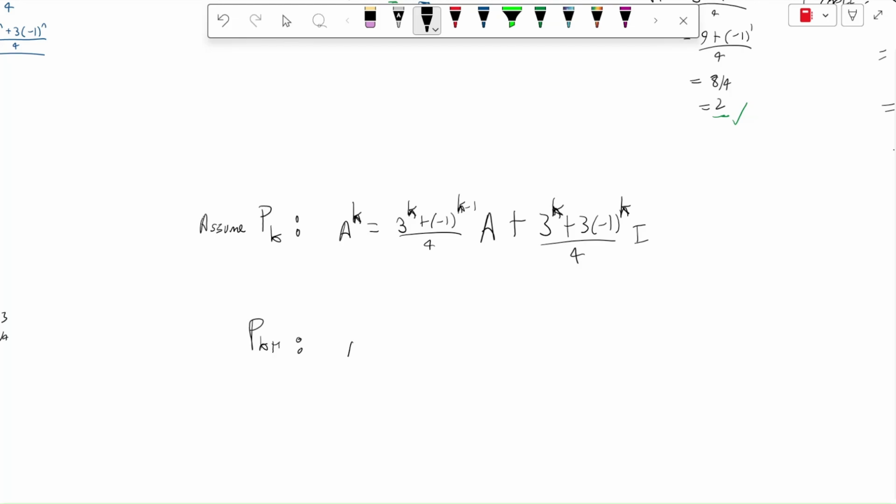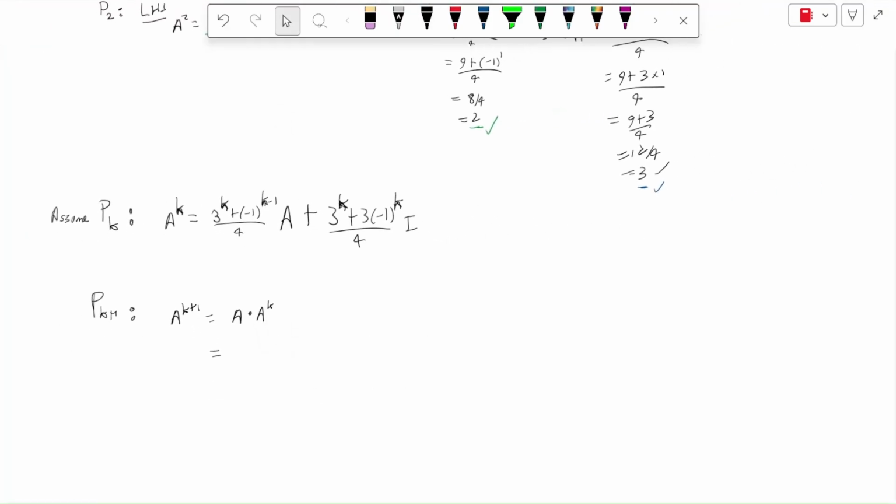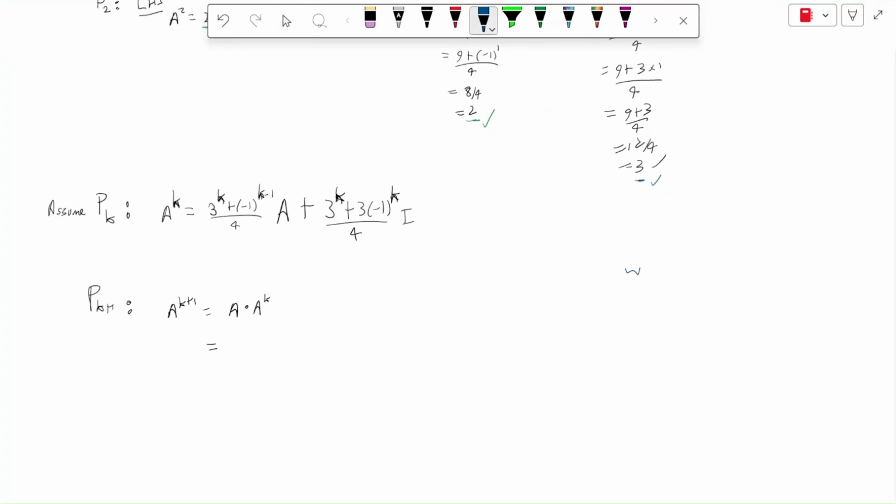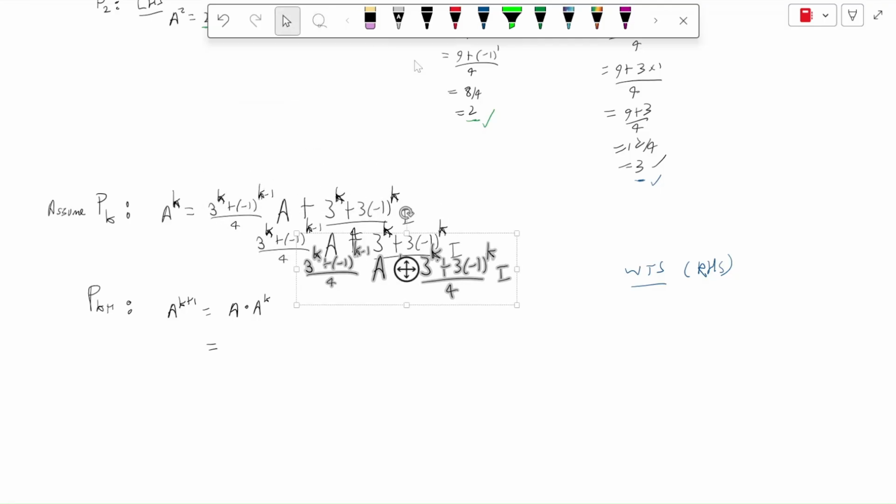Okay. A^(k+1) is A times A^k. I probably still want to show over here before we launch into it, see exactly what we want. Want to show is like your right-hand side, but instead of k's, you've got k+1s.